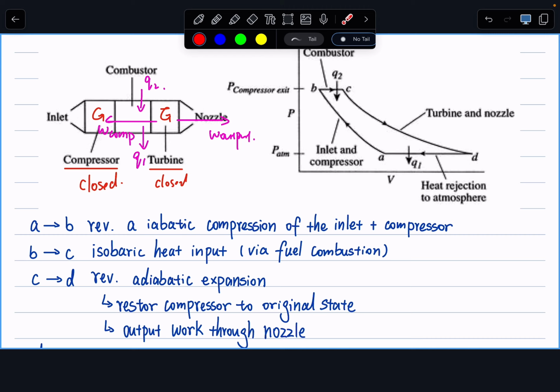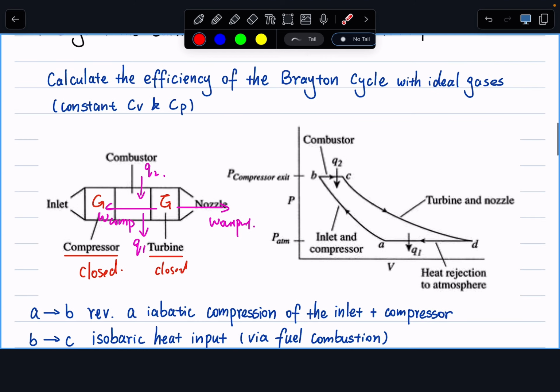Whenever we're referring to these Q and W, we're always talking about how my system is interacting with the surroundings. But in this question, as a demonstration, let's calculate the efficiency of this Brayton cycle and think about how we set up this problem.